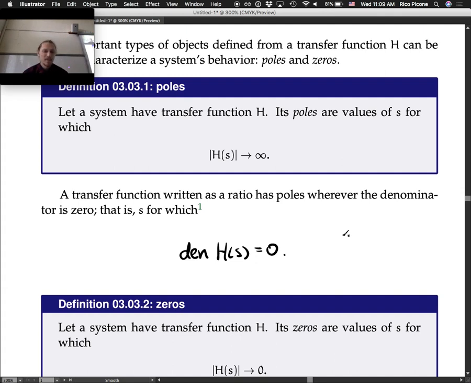Okay, so the denominator of h is 0 means there's a pole there, so we could solve for values of s for which this occurs. And since the denominator could be written as a polynomial in s, you're getting ahead of us, but you're getting there. It's good, you're connecting it. But yes, so you can find the roots of a polynomial to find the poles, which is what we'll do.